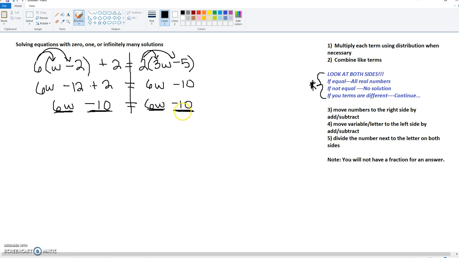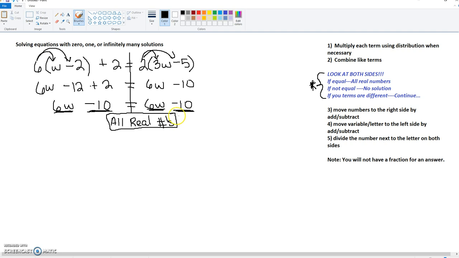So that's the exact same thing on both sides. So if they are equal, like they are here, you're going to select all real numbers as your solution in ALEKS. And that's it for that problem.